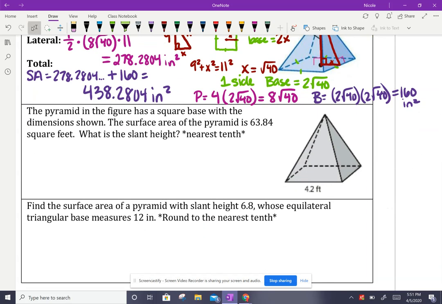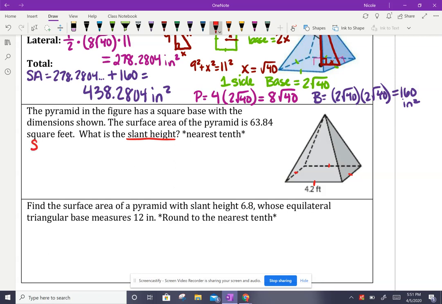The pyramid in the figure has a square base, so we're dealing with another square. So all four sides are congruent. The surface area of the pyramid is 63.84, so I already know the total surface area. It is asking me to find the slant height. So we need to work backwards.